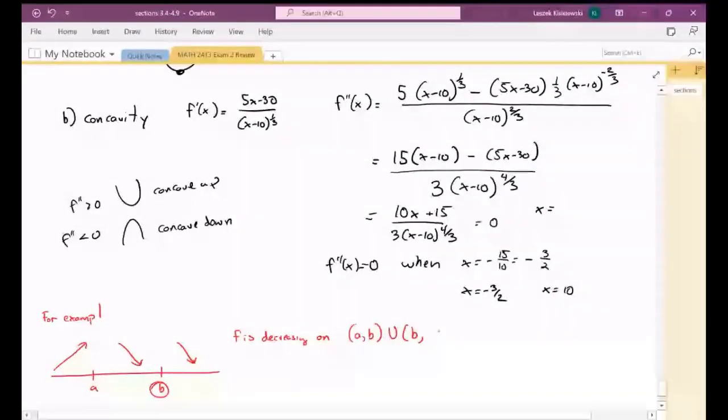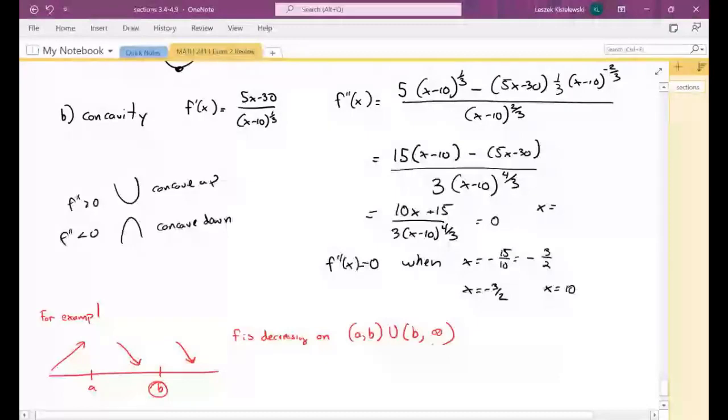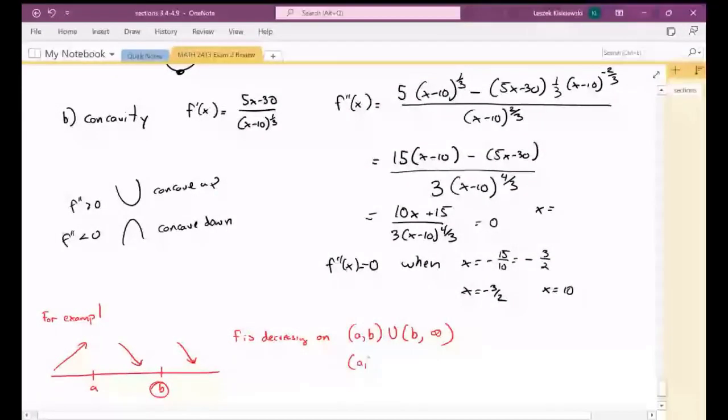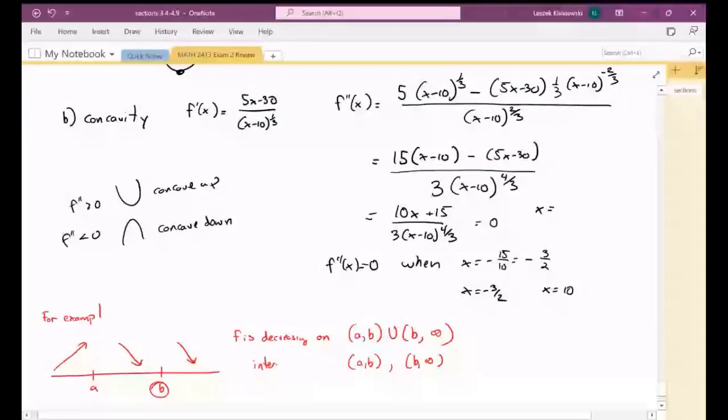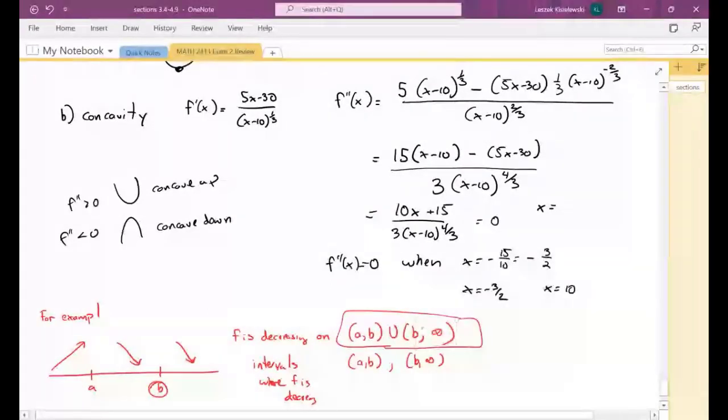Or if they ask for the intervals in which it is decreasing, you can just use a comma as well, or you can use a union symbol. And of course you wouldn't have a max, because there is no change in slope; there is no max nor min at x equals b. Anyway, that was an aside.